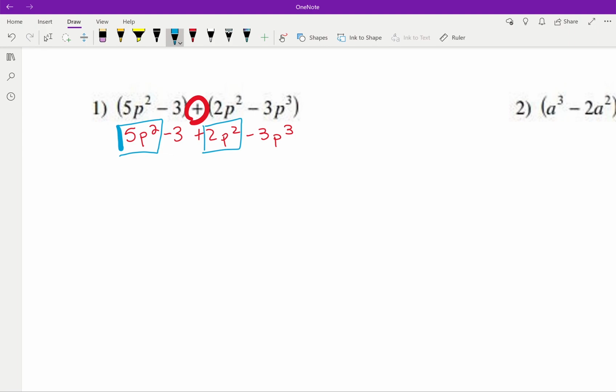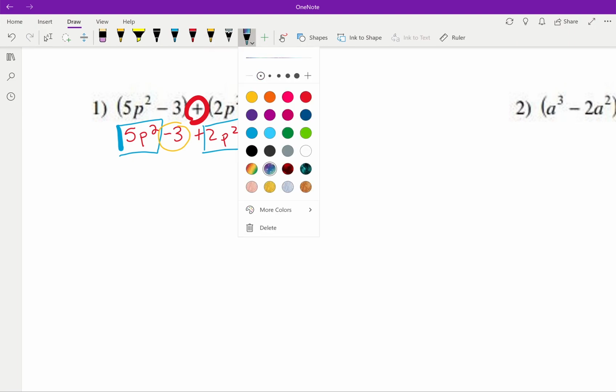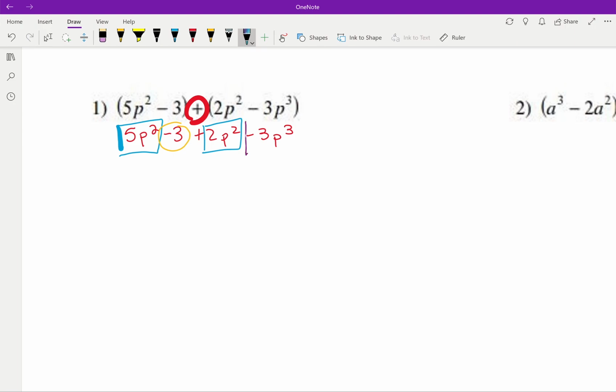So these are the same because they both have p squareds. And then we have a negative 3, and then we have a negative 3p cubed. So we can only combine like terms.